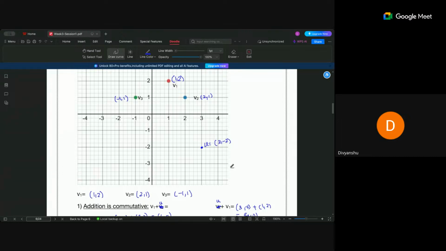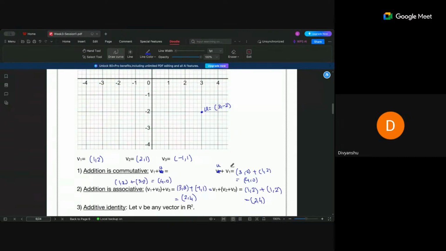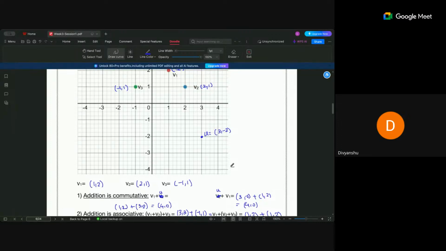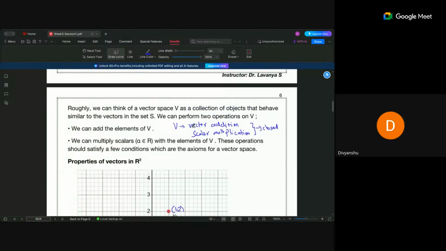See, this addition commutativity, in this case, is a very trivial case. We are starting with a very trivial case to give the motivation for you. What I'm trying to do here, let me tell you. I have taken some very simple sets where the vector space properties are there.